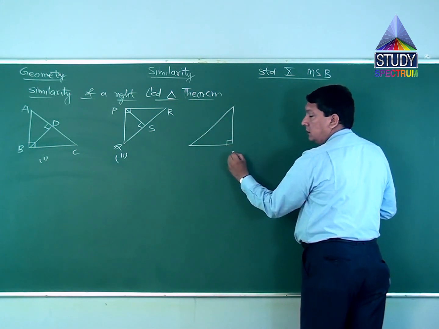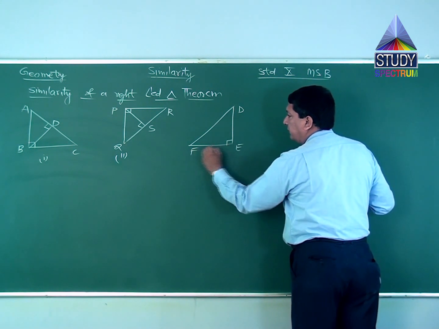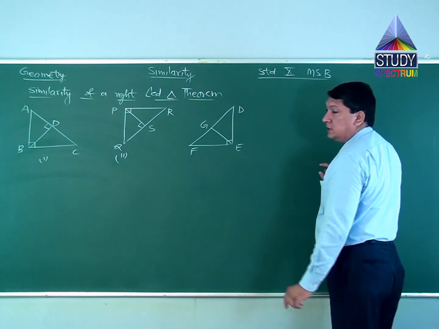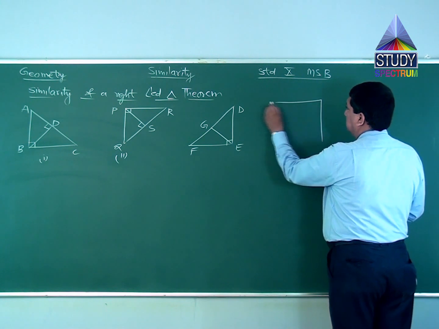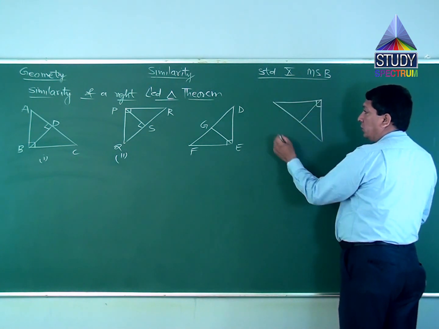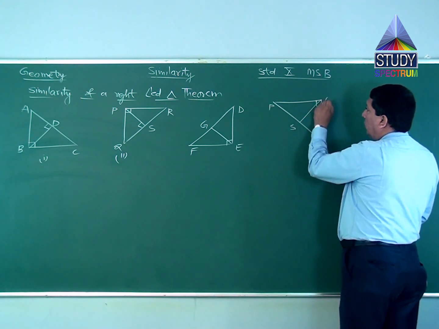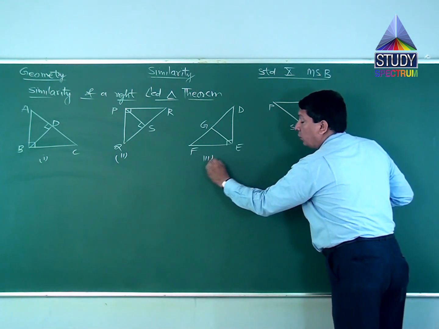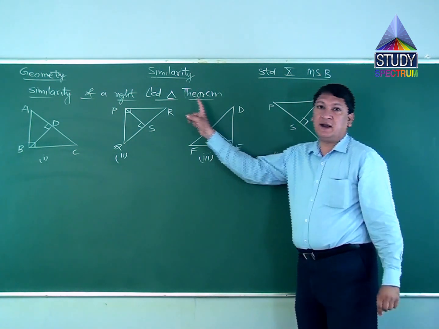Right angle, D, E, F, G. And in the fourth case, I'll draw the triangle like this. This is the perpendicular drawn, P, S, G, O. Now in all four cases, we will be applying similarity of a right angle triangle theorem.